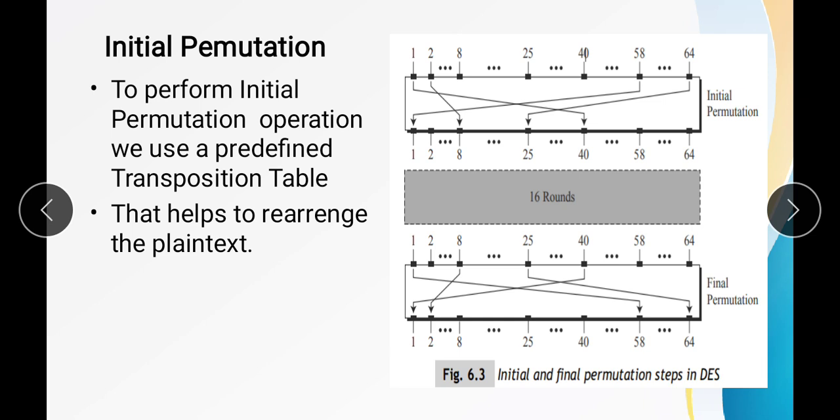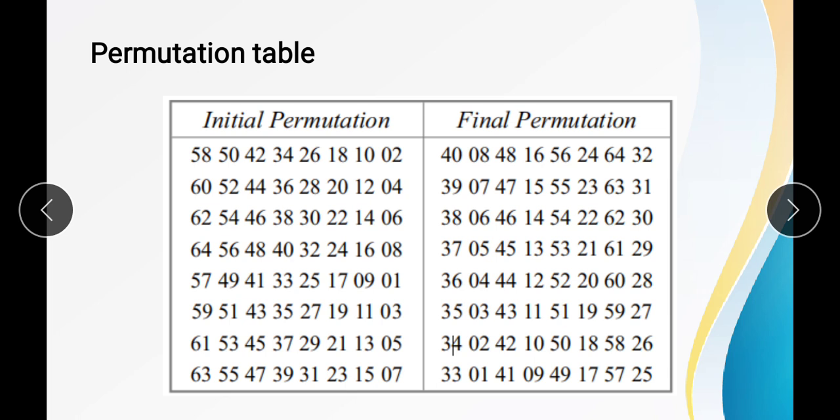In the initial permutation we apply plaintext as input, and in the final permutation we get the output as ciphertext. So we apply this operation two times, and for both operations we have two transposition tables. So these are the transposition tables for the initial permutation and the final permutation.